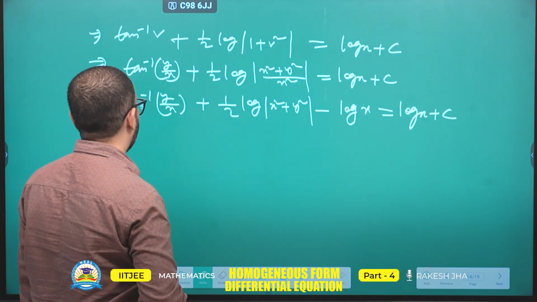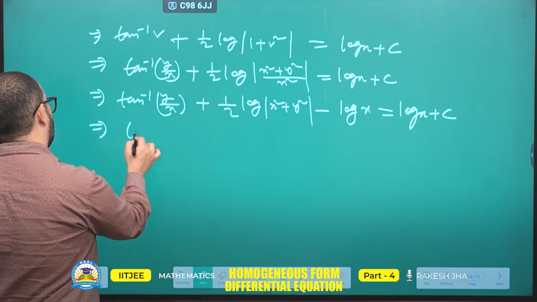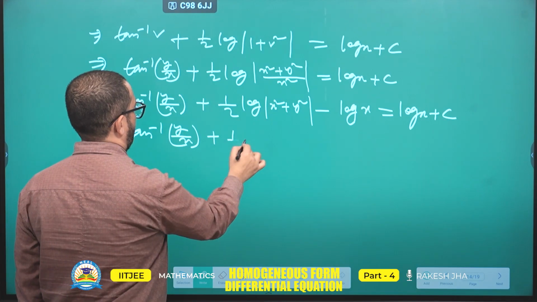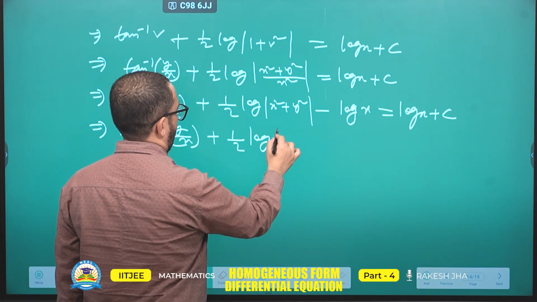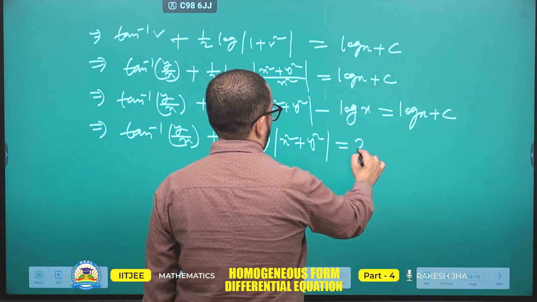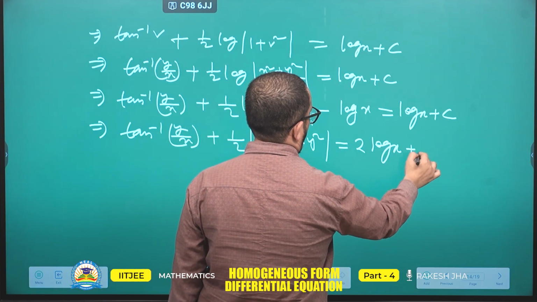Finally, tan inverse y upon x plus half times log of x square plus y square is equal to 2 times log x plus c.